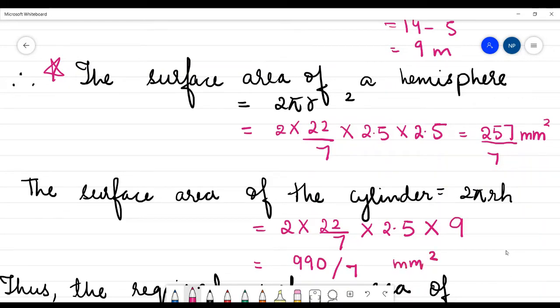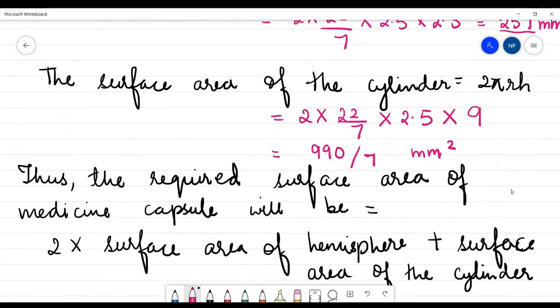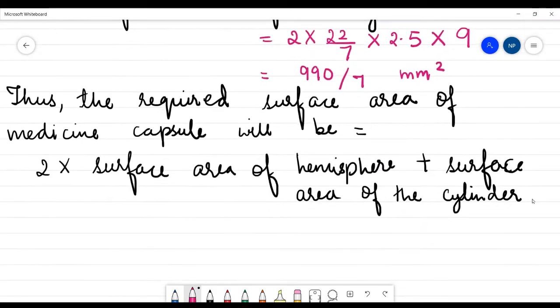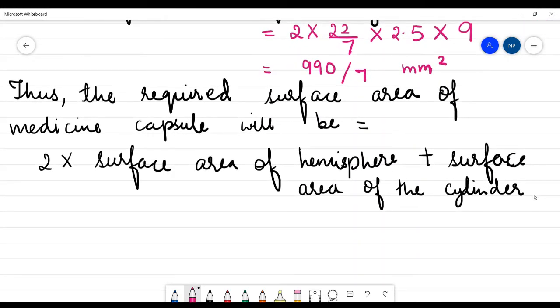So at the last we are going to write: thus the required surface area of the medicine capsule will be the surface area of the hemisphere multiplied by 2, because there are two hemispheres, plus the surface area of the cylinder. So we have here 2 multiplied by 275 upon 7 plus the surface area of the cylinder, that is 990 upon 7.